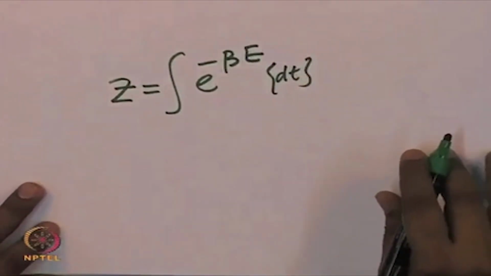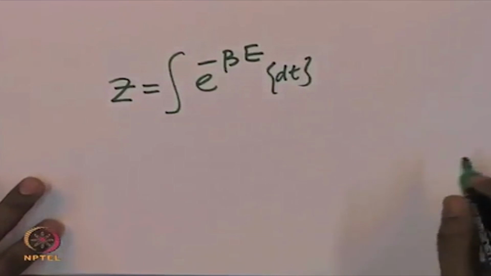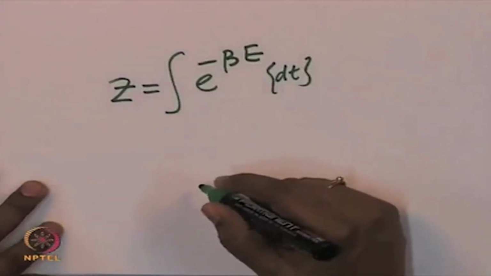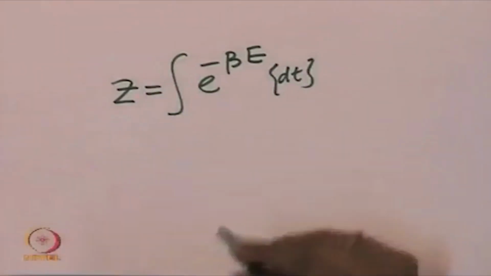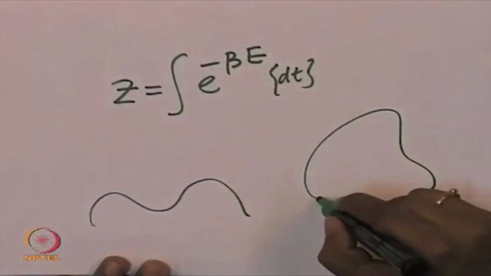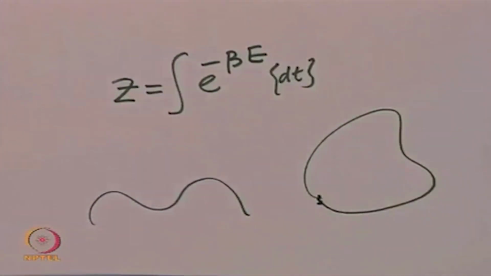Now, what do we want? We want the probability to find the DNA in one particular state. So, how do we calculate that? Let us say you have a DNA of length L and we want its ends to come together, so that the end to end distance is 0.